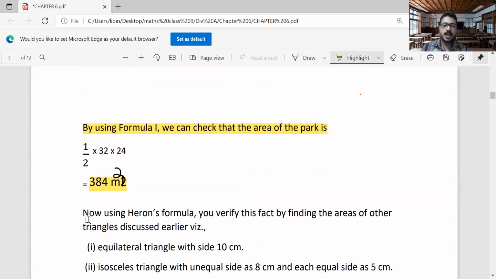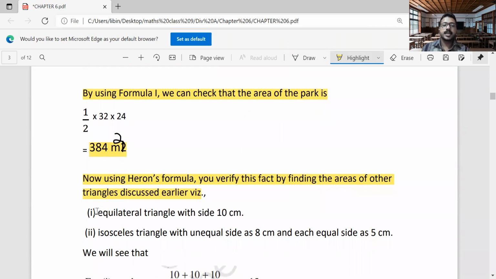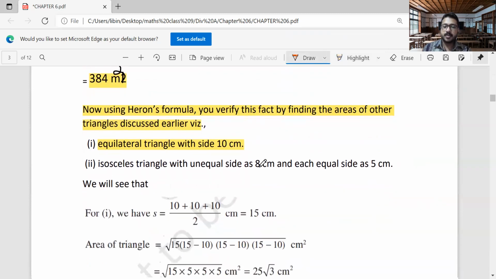Now, using Heron's formula, we can verify this fact by finding the areas of other triangles discussed earlier, which means an equilateral triangle with side 10 centimeter. First of all, you can find the area of the equilateral triangle using Heron's formula. As you can see, the perimeter will be 30, therefore the semi perimeter will be 15 centimeter.